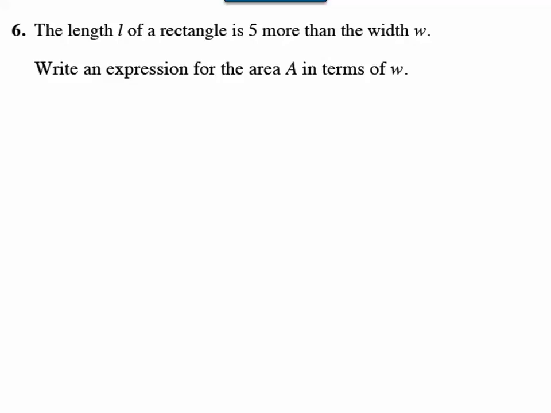Alright, since it's a geometry problem, I guess I should make a little rectangle then. Rectangles have length and width. We don't know what the area is, but we want to create a formula that will give us area. We do have a relationship: the length L of a rectangle is 5, meaning the equal sign right away. 5 more than.